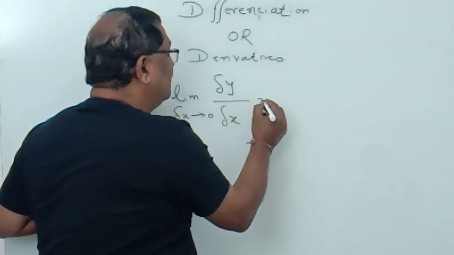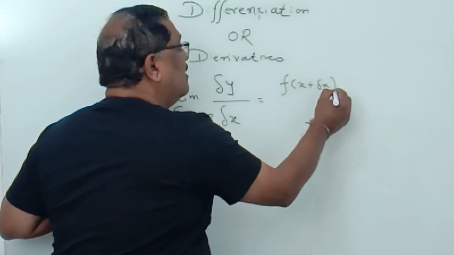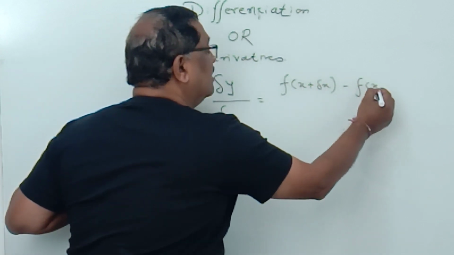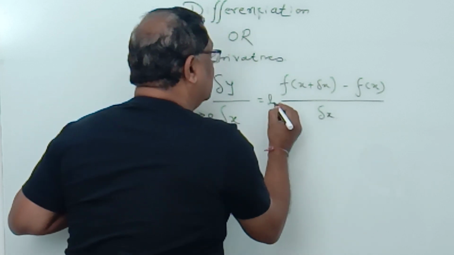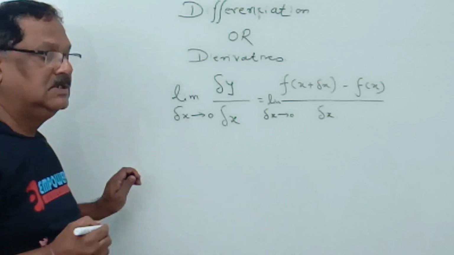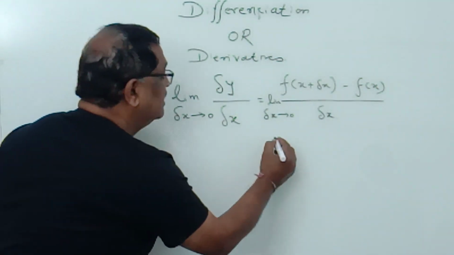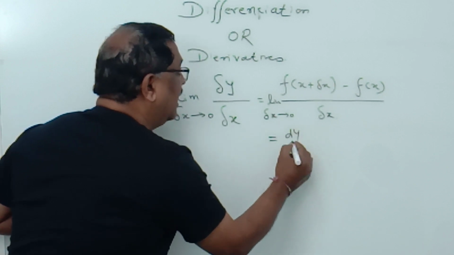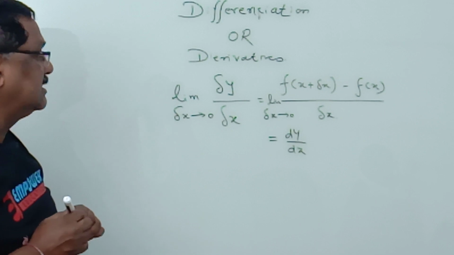Then it is equal to limit delta x tends to 0 of f of x plus delta x minus f of x, divided by delta x. This is the definition of derivative, and it is written as dy by dx, that is, the derivative of y with respect to x.